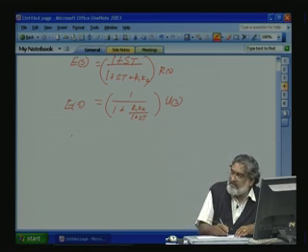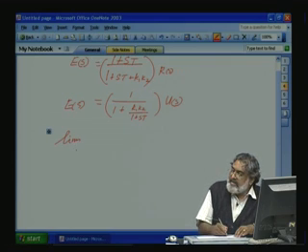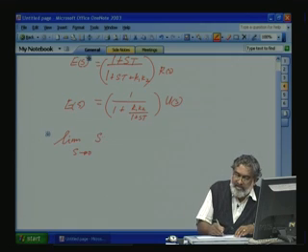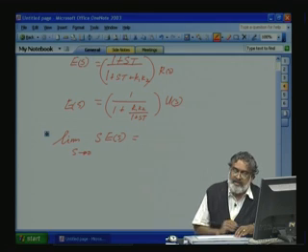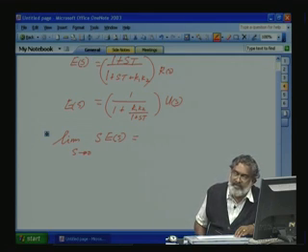Again, from the basics of control system, how do you find the steady state error? It is the limit as s tends to 0 of sE(s).